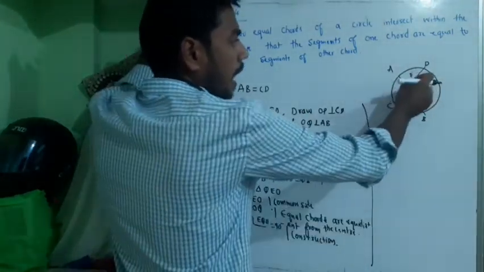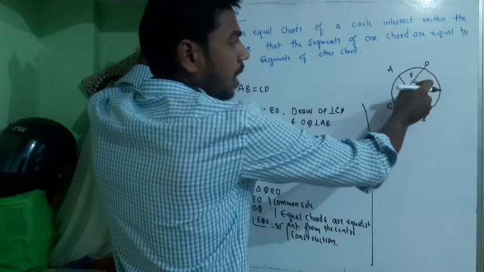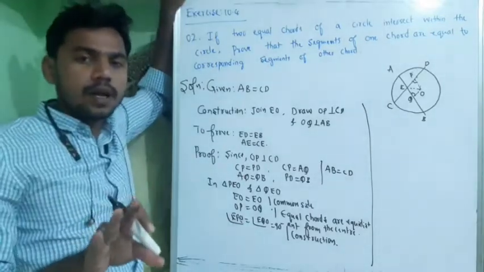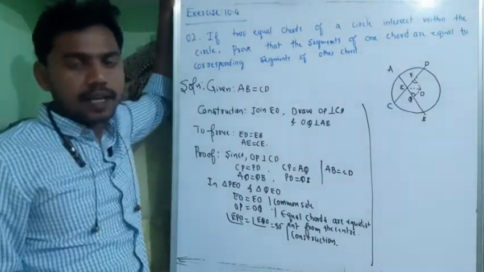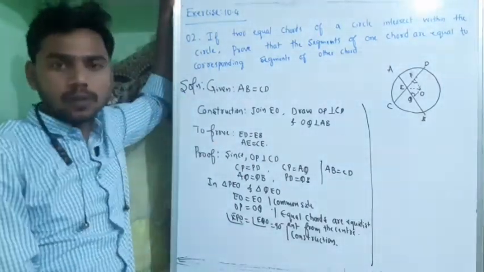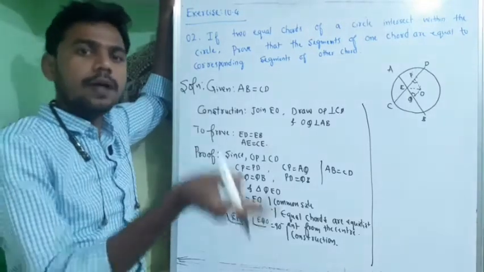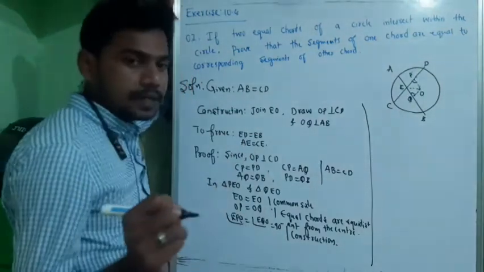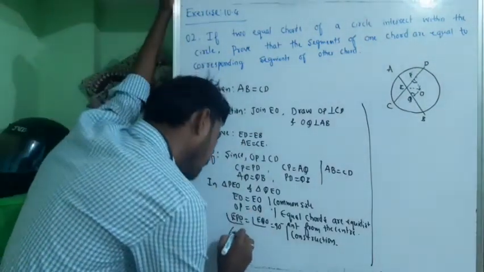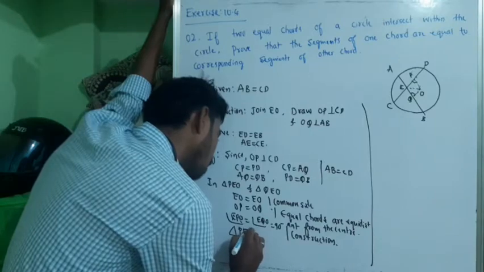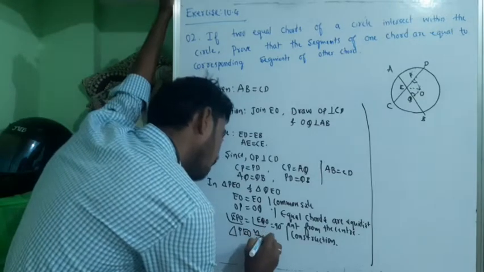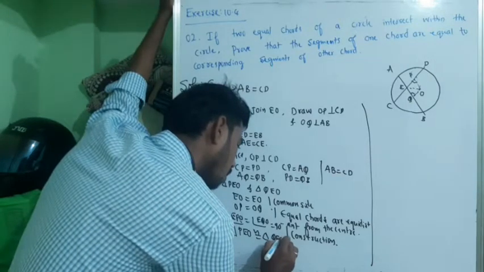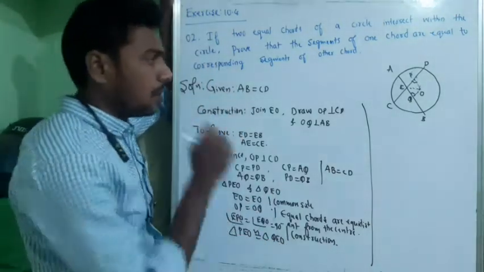So right angle, hypotenuse, and side of one triangle are equal to right angle, hypotenuse, and corresponding side of the other triangle. Those two triangles will be congruent through the RHS congruence criteria. So we can write triangle PEO is congruent to triangle QEO.